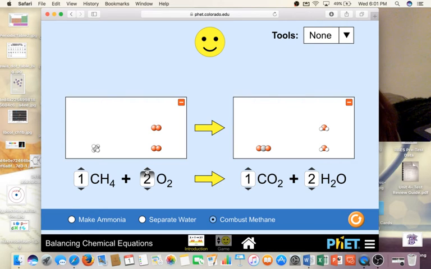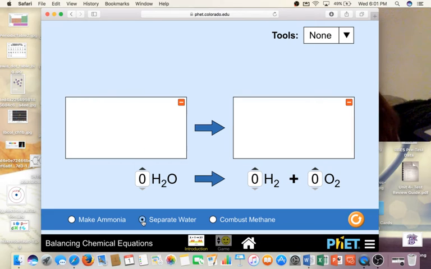So when I increase my oxygen, I now have 4 oxygen, 1 carbon on each side, and 4 hydrogen, making my chemical equation balanced.